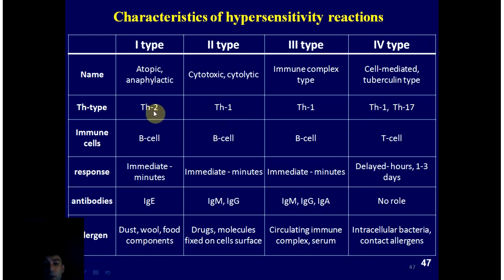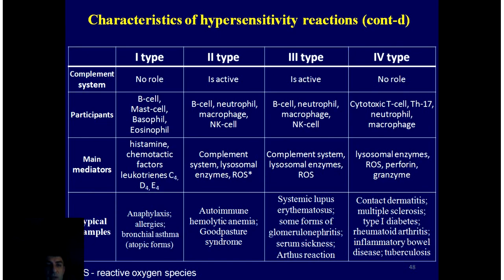As we mentioned, helper 2 is crucial for type 1, helper 1 and 17 for type 4, while usual helper 1 for types 2 and 3. And other important facts, as well as antibodies, are once more mentioned, showing that the complement system is probably involved in all of them, but specifically important in type 2 and type 3 hypersensitivity reactions, and typical examples are also given here.